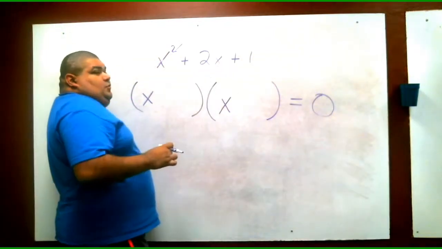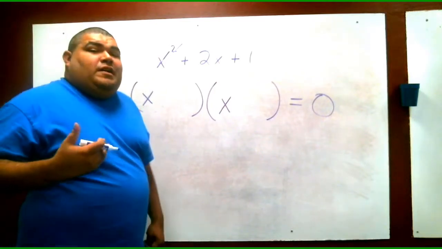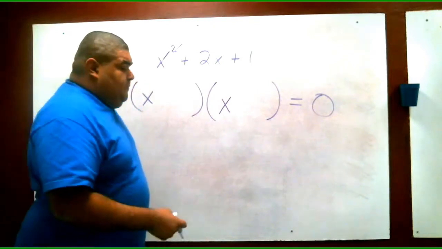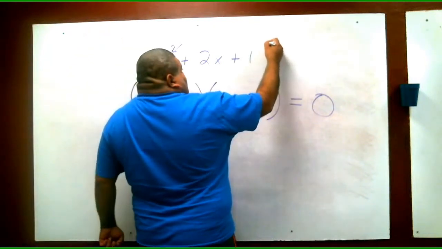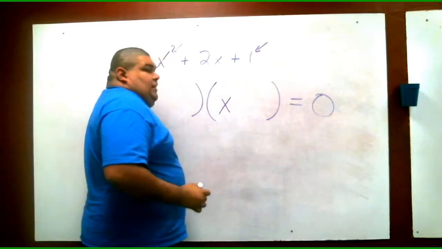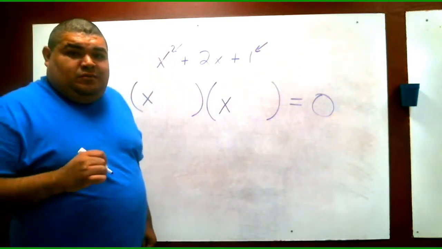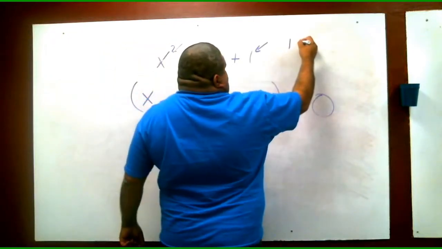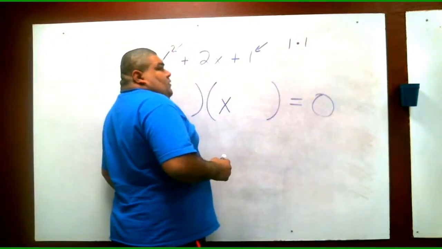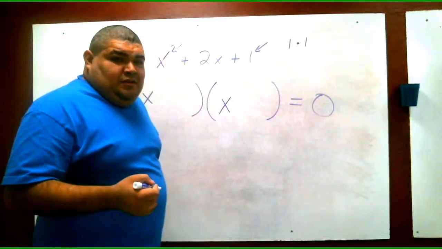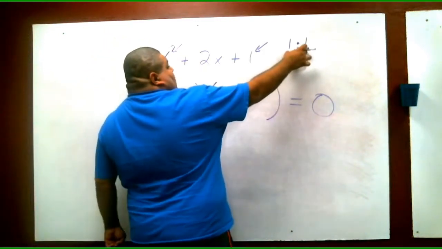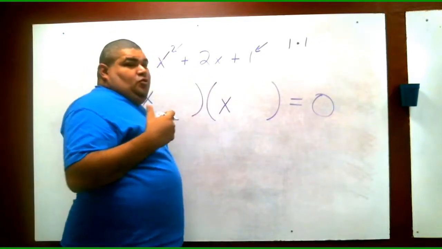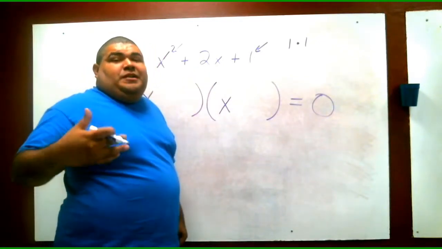For the next part, the 2x, in order to arrive at 2x, we have to look at the last number, the c, the constant. Two numbers that you multiply to give you 1. 1 times 1. If you notice, when you multiply those 2 numbers, in order to find the one in the middle, you also have to add the same numbers you're multiplying for the constant.